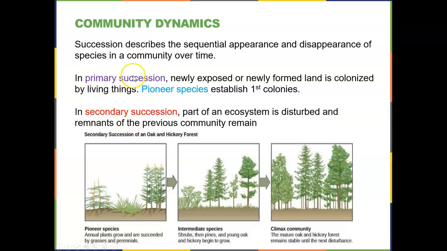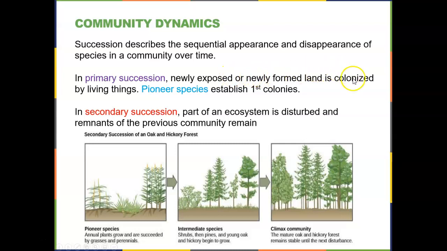Now, the last part of 45.6 involves community dynamics. So we have an example of what is called succession. This is the appearance or disappearance, the going away, of species in a community over time. Primary succession happens when there's newly formed land, for example, when a volcano erupts and there's new land produced.